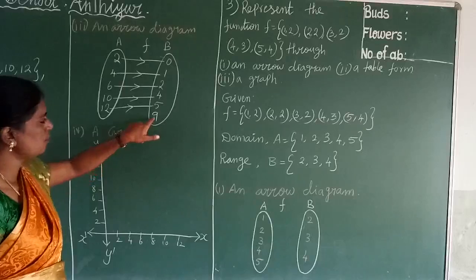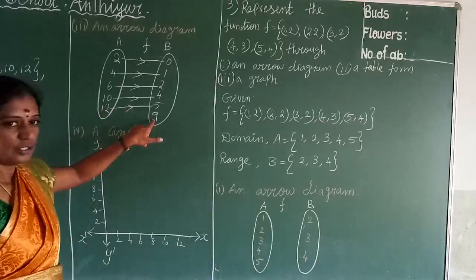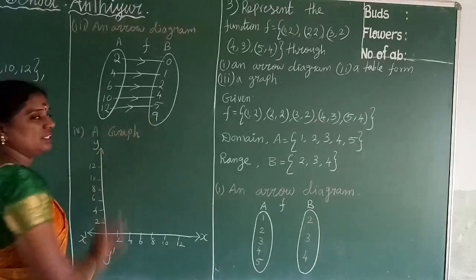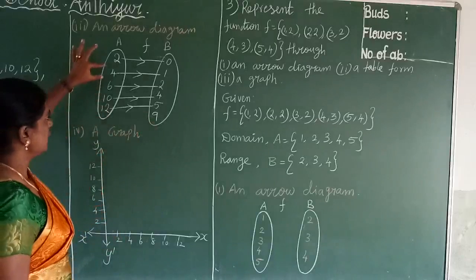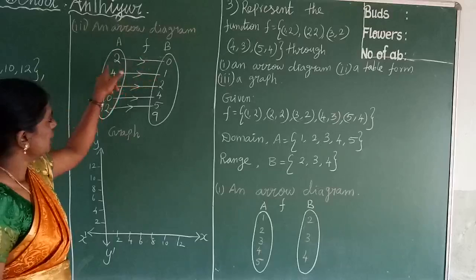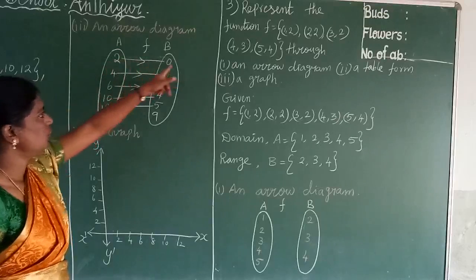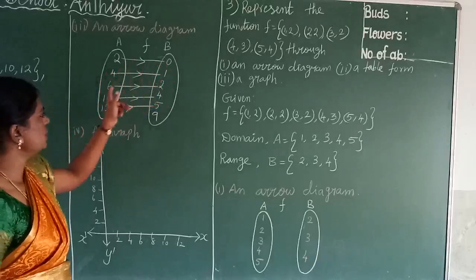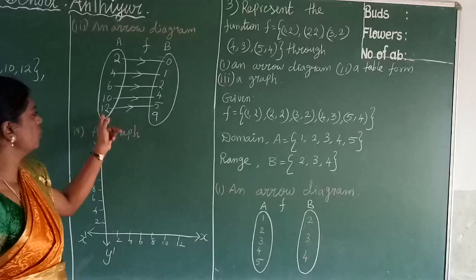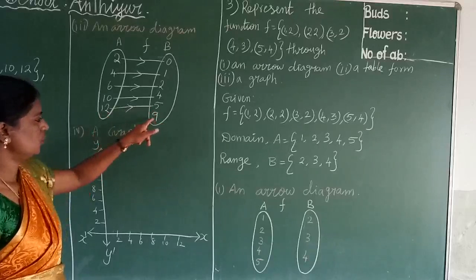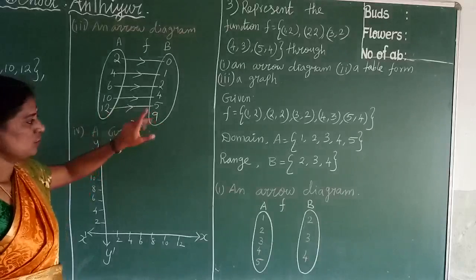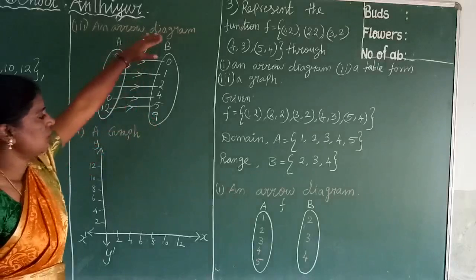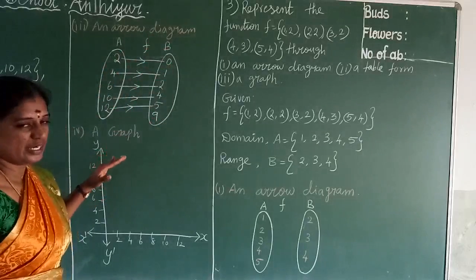Here there is no element mapped to 9, so you leave it and write as it is. Only the elements that are images in B get an arrow mark. So this one has no image, so write as it is. But all the elements in the domain you have to write.